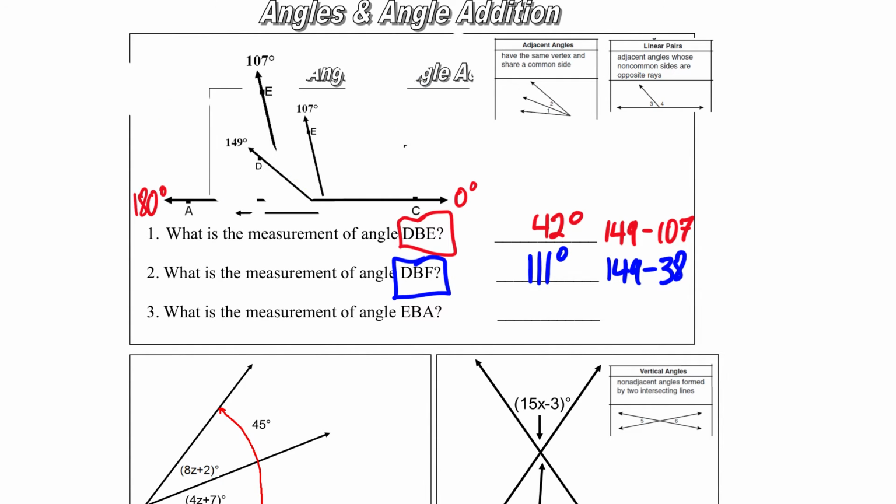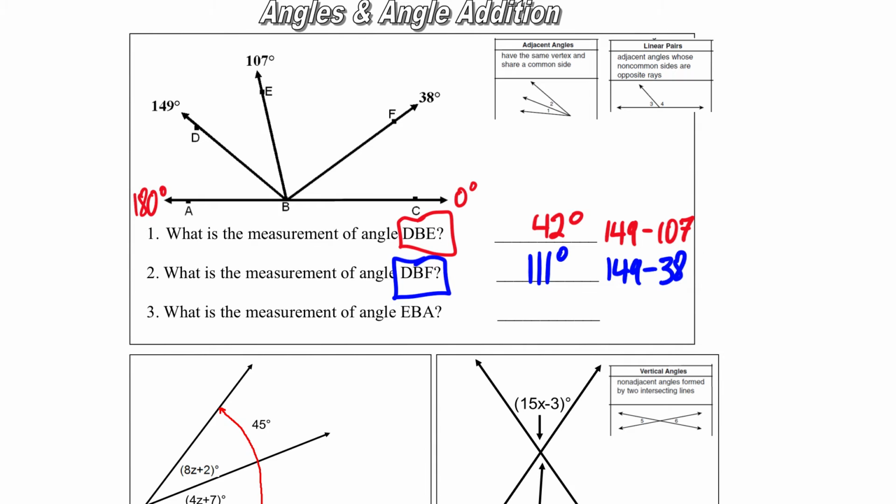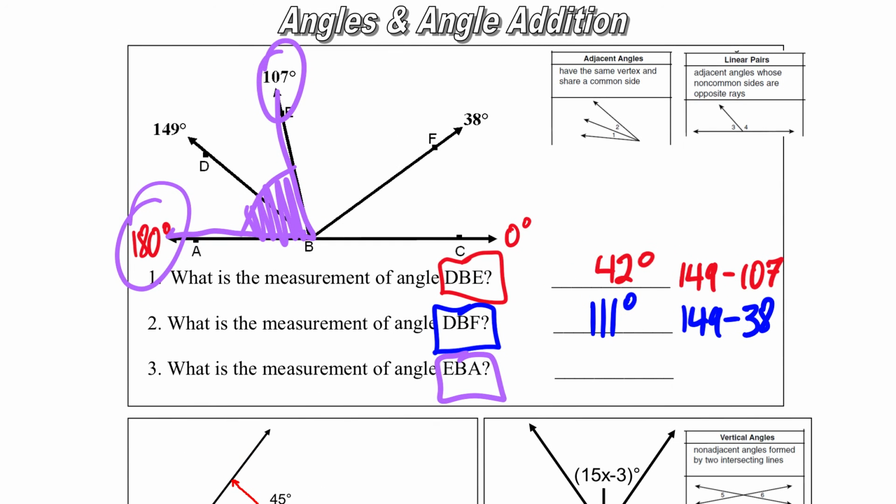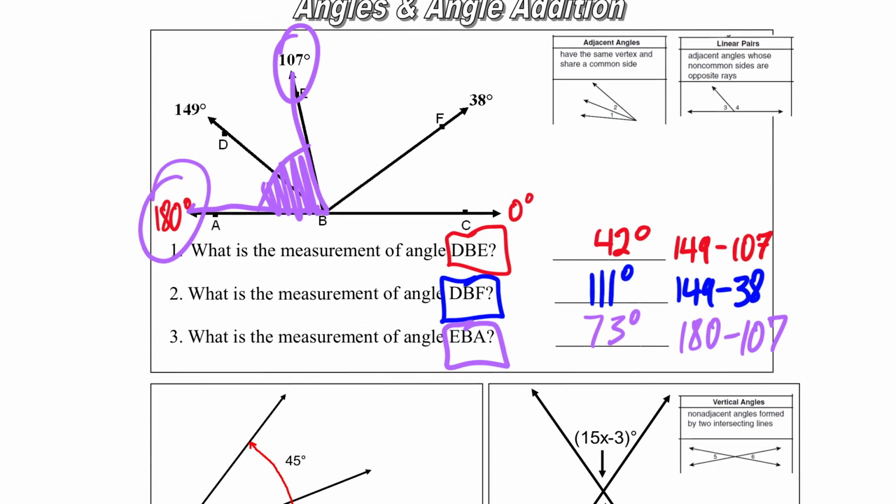All right, and then the last one there is asking about EBA. So EBA is this one. It starts at 107, ends at 180. So 180 minus 107 is 73 degrees.